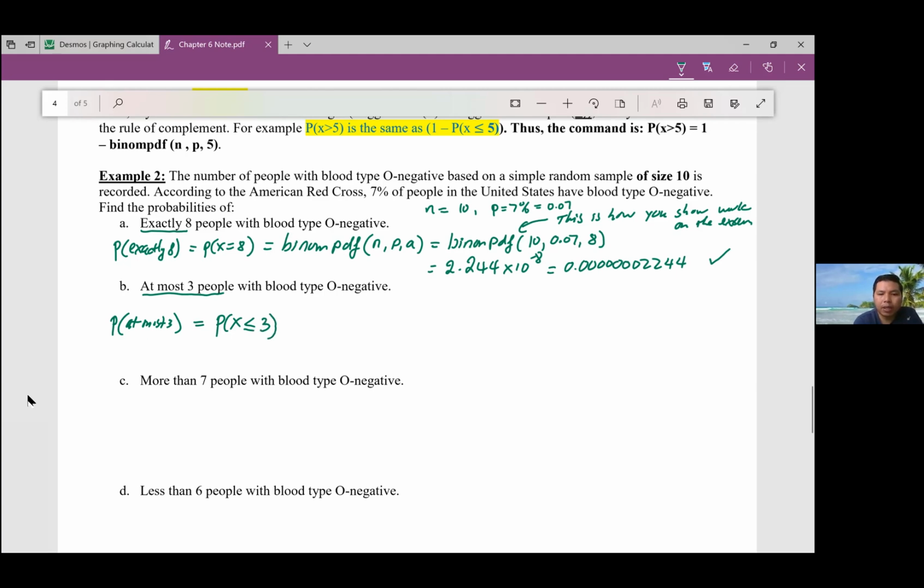And that's equal size, so we can use binomcdf, and then 10, and then 0.07, and then 3. This produces 0.9964.